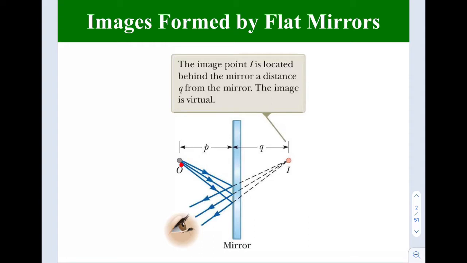This is the distance of the object to the reflecting surface, which is our mirror, and here is our image, at the back of the mirror, and the distance of the image to the reflecting surface of our mirror is q. As we know, the ray is reflected and enters our eyes, so from here we see the image of the object.